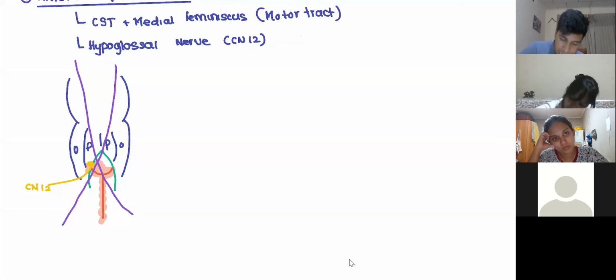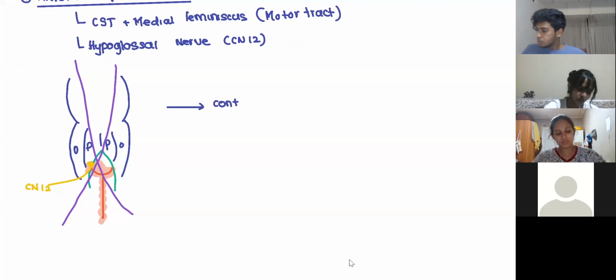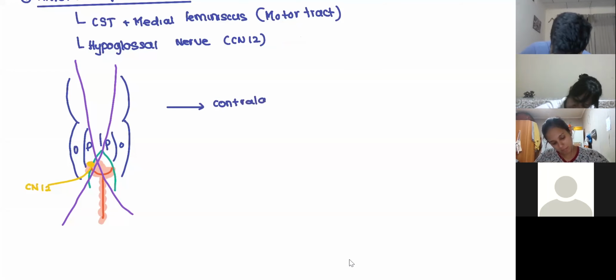Same thing, if it happens in the brain stem, the hypoglossal nerve is affected. So what we get is contralateral paralysis.